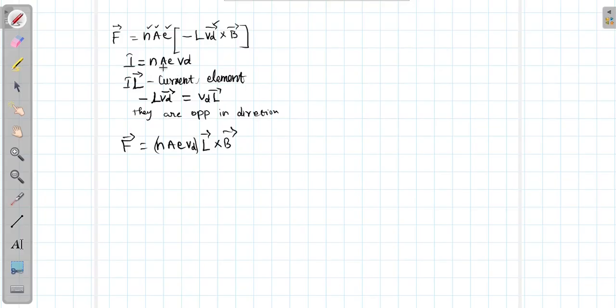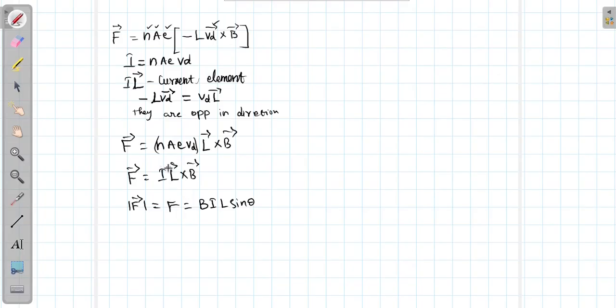The entire term NAEVD is written as I. So F vector equal to I L vector cross B vector. That's all. Or in case of scalar representation, F equal to BIL sin theta. That's all.